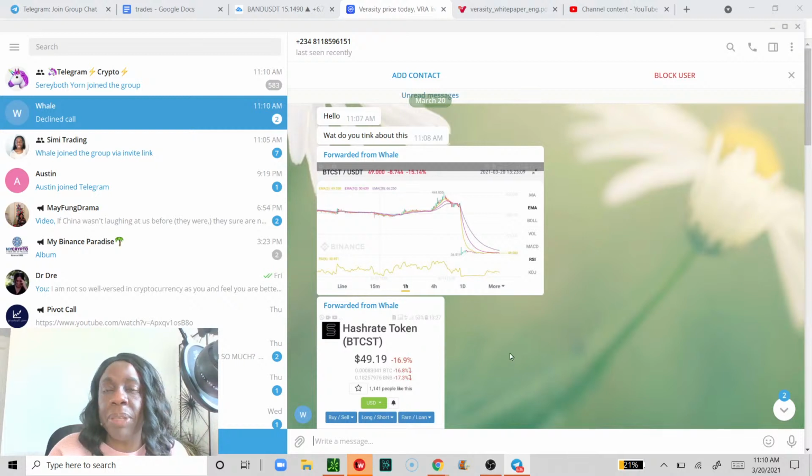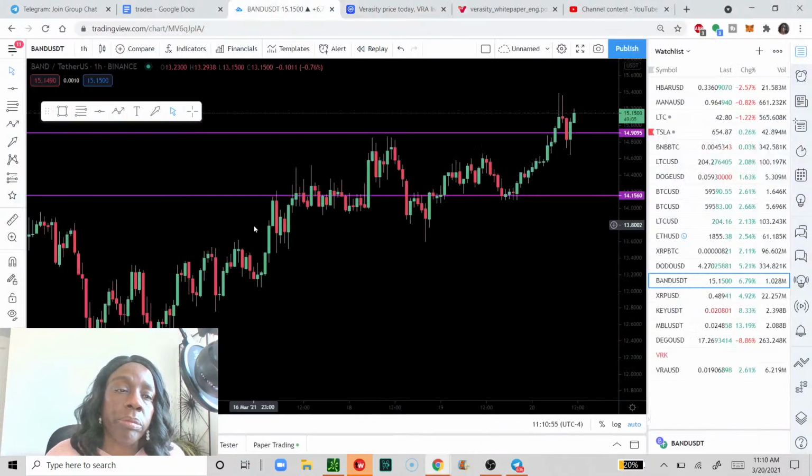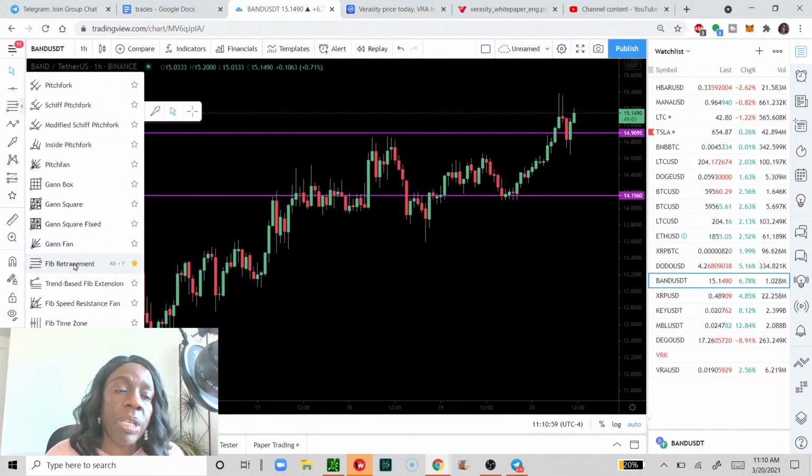Okay, guys, I guess that'll be homework for next week. You guys look into this. Let me know next week. What is this hash rate token? Check it out on CoinMarketCap. Draw some levels. Use your Fibonacci tools to draw some levels. If you're not quite good at drawing levels yet, lean on the Fibonacci tool. It's right there on TradingView, this Fibonacci retracement tool.